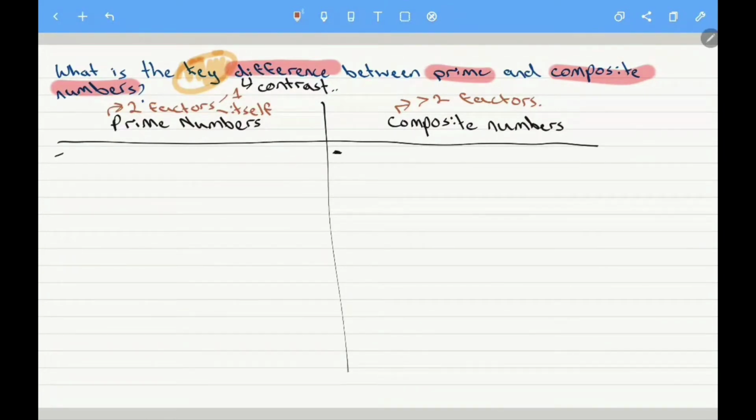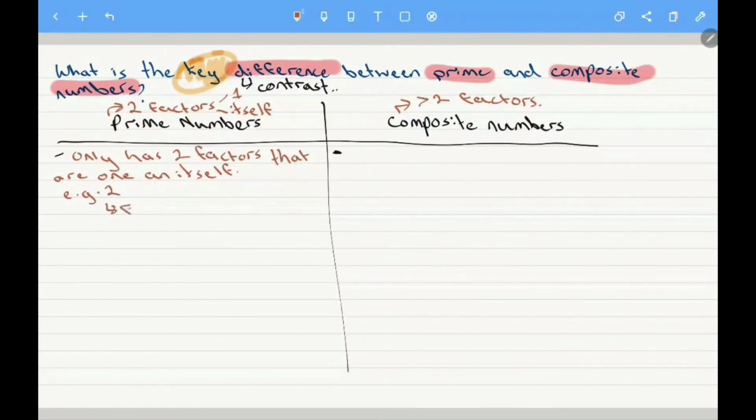So what's the difference? Well, I would say the difference is that a prime number is a number that only has two factors that are 1 and itself. An example of this is 2. The factors of 2 are 1 and 2.